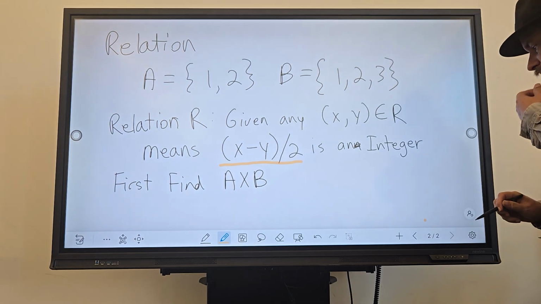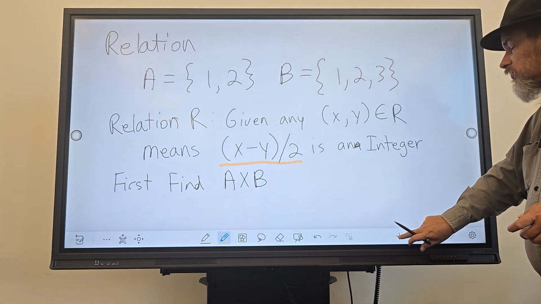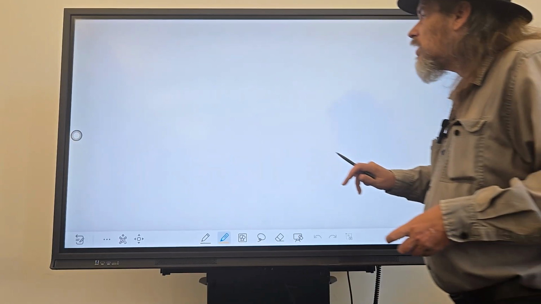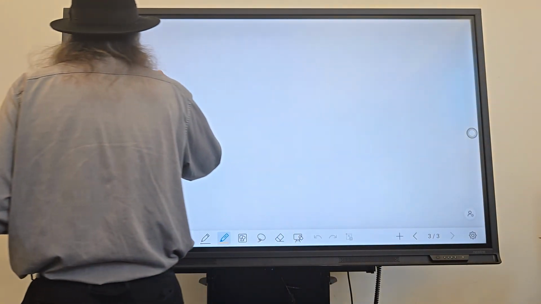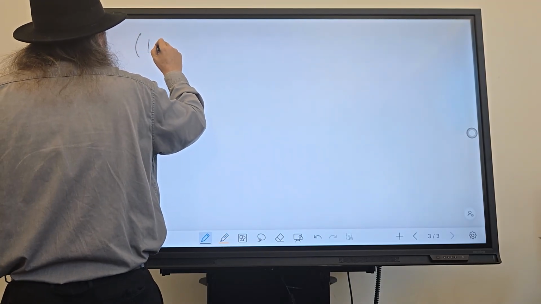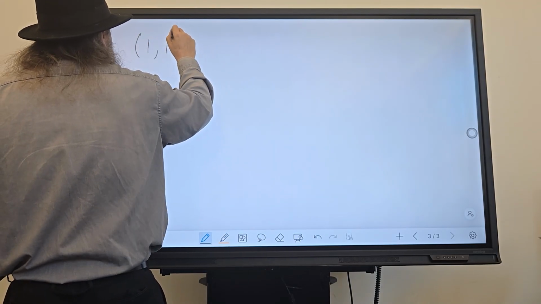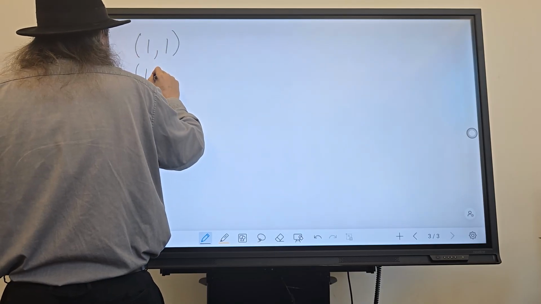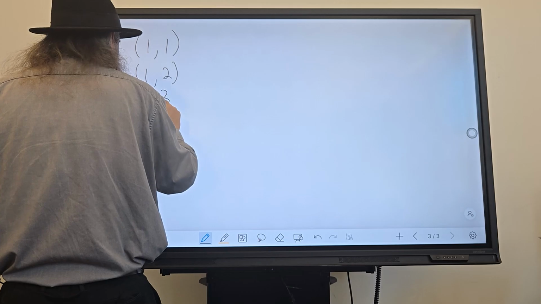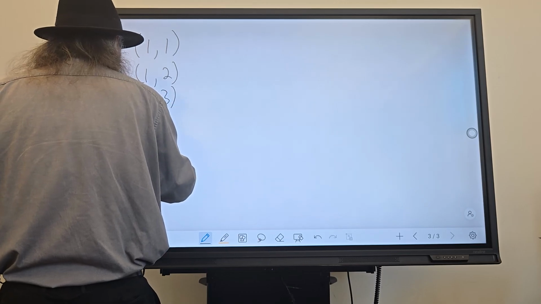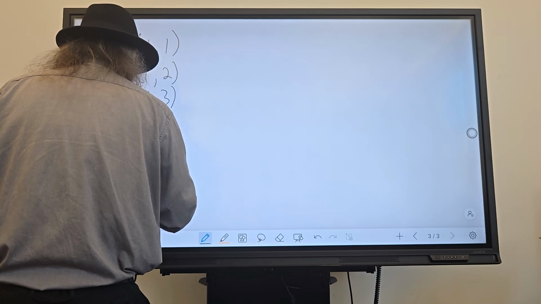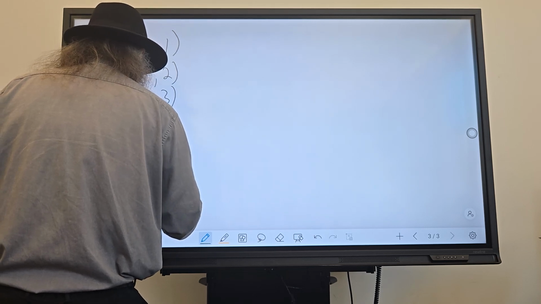All right, so let's go to a clean page here. Well, I guess I better do it. (1, 1), (1, 2), (1, 3), (2, 1), (2, 2), (2, 3).